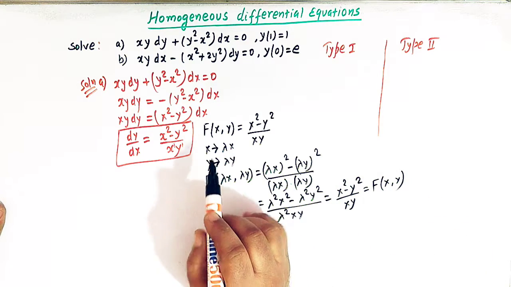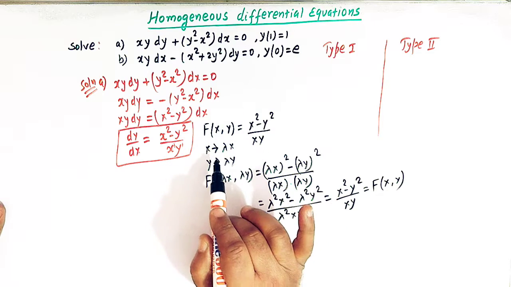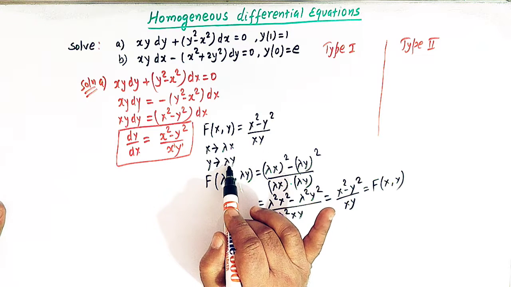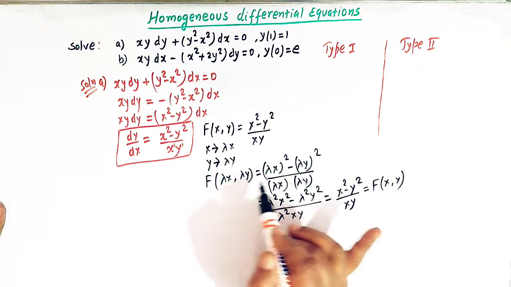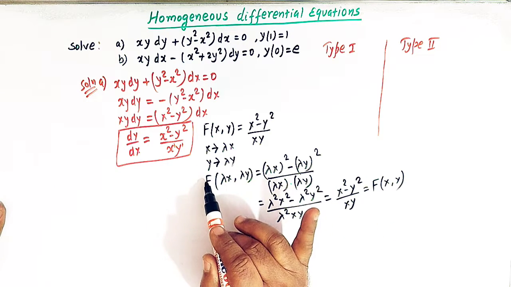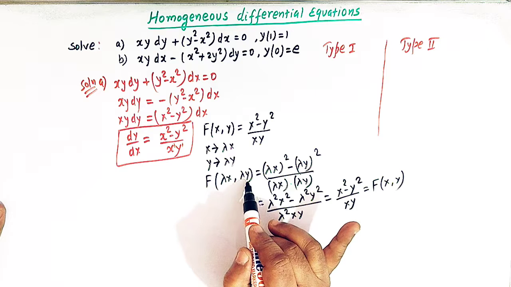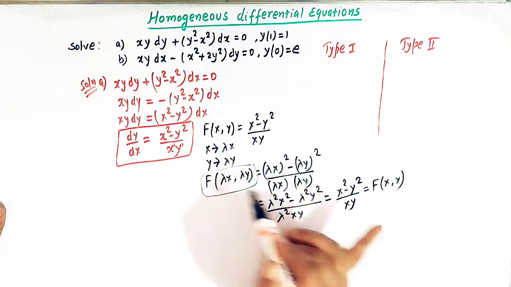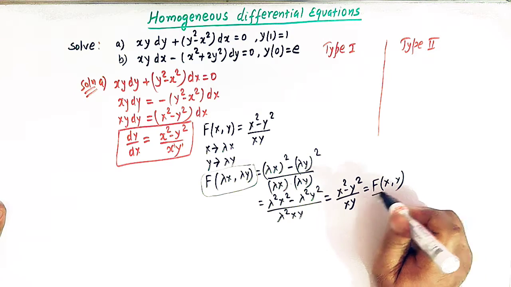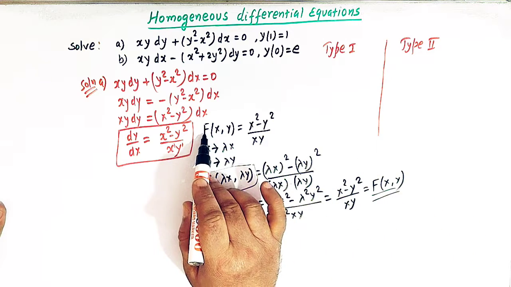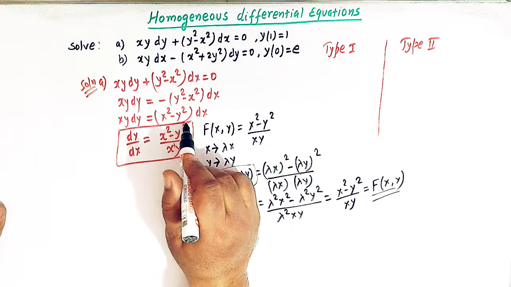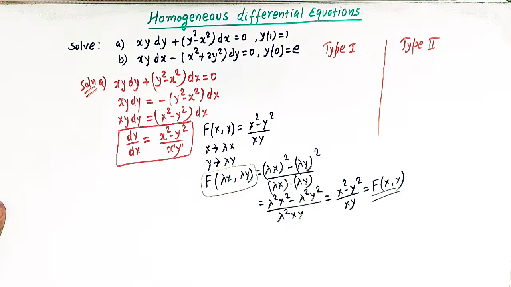So whenever in a function we replace x by lambda x and y by lambda y, and we form a new function f of lambda x comma lambda y, and if this function is equal to the original function, that is f of x comma y, then we can say that this function is a homogeneous function.